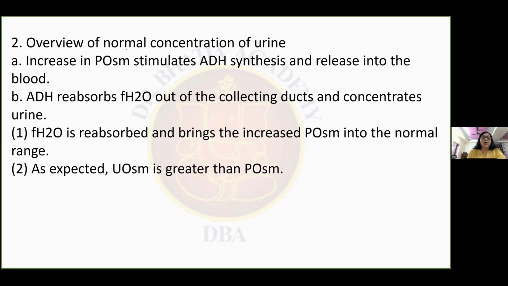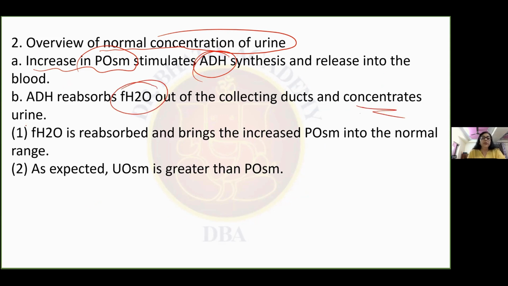So let us see how a normal concentration of the urine happens. An increase in the plasma osmolality, what will happen? It will stimulate ADH synthesis and release and prevent the water loss. It will absorb the water and concentrate the urine.